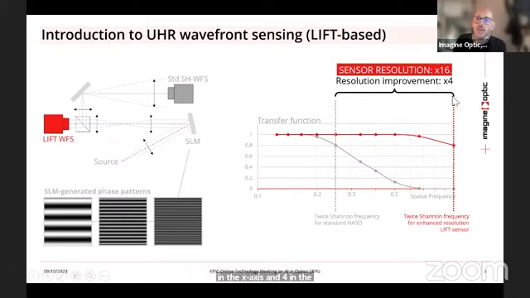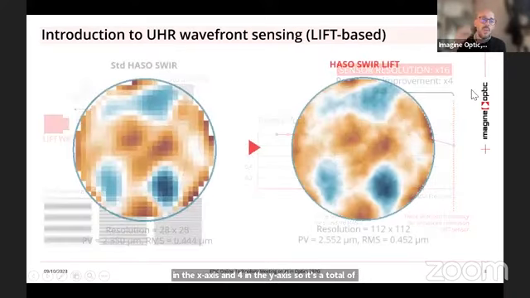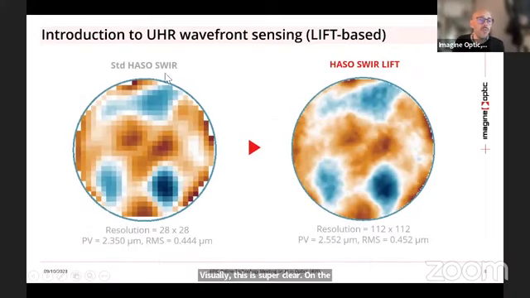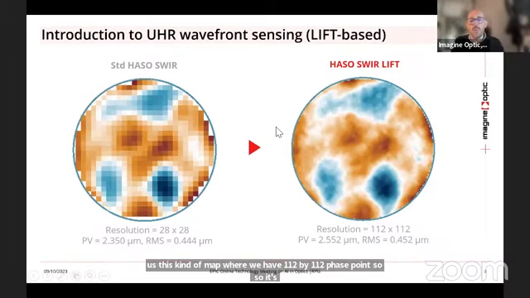So it's a total of 16 times increase in resolution. Visually, this is super clear. On the left, you have a faceplate measured with a standard wavefront sensor. And with the same hardware, the phase retrieval gives us this kind of map where we have 112 by 112 phase points. So it's quite amazing, the improvement we have.